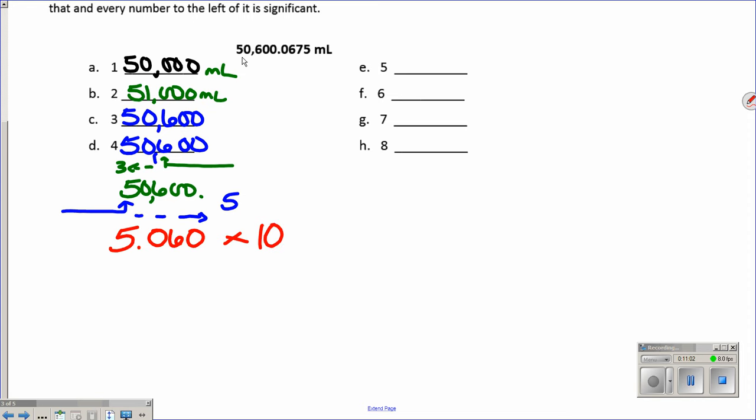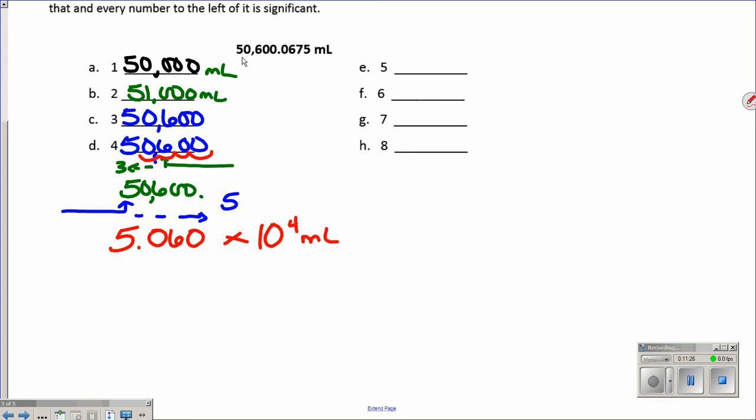And now we determine the magnitude of the number by multiplying that by an exponent. We need 50,000, so we need to move our decimal 1, 2, 3, 4 places to get to 50,000. I'm going to come up here and go 1, 2, 3, 4. And then, of course, we'd have our unit, milliliters.